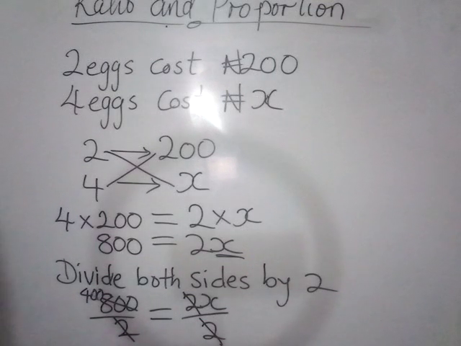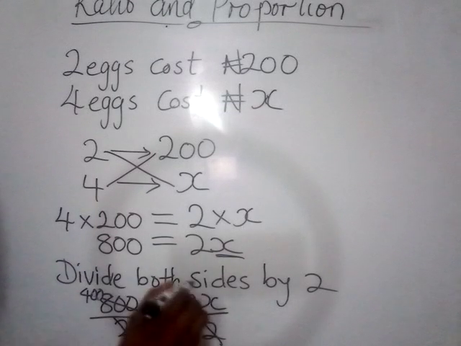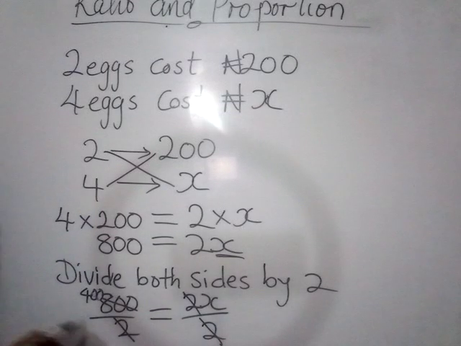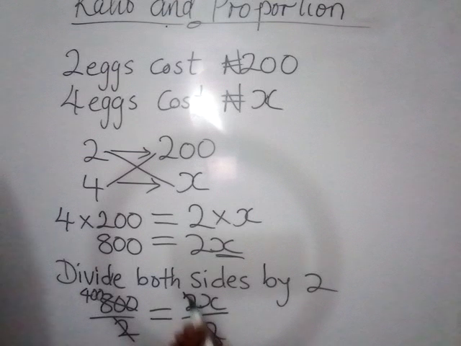So whatever you do to one side in mathematics, you always do it to the other side, as long as they are on either side of an equation sign. Whatever operation you carry out on one side, you must carry out on the other side. So here we introduced 2. Why did we introduce 2? We are trying to remove these 2 from x. We are trying to eliminate it so that x can stand alone.